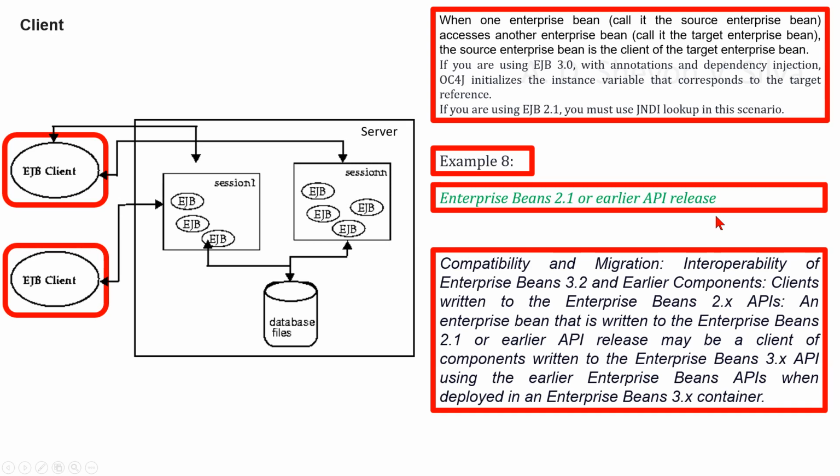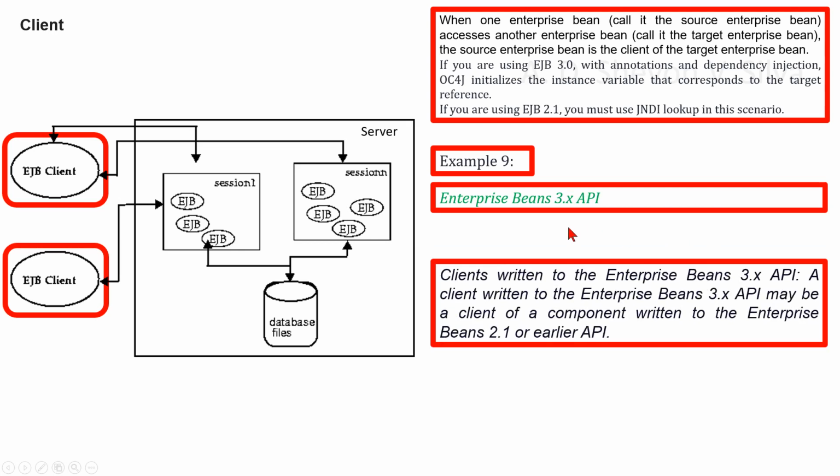Such an enterprise beans 2.1 or earlier client component does not need to be rewritten or recompiled to be a client of a component written to the enterprise bean 3.x API. Such clients may access components written to the enterprise bean 3.x APIs and components written to the earlier enterprise beans API within the same transactions.